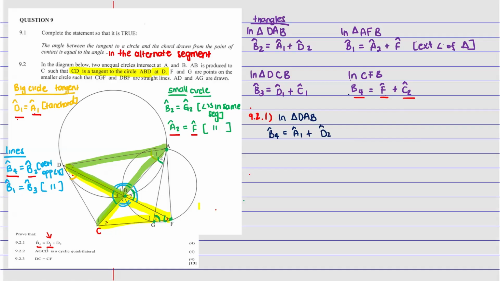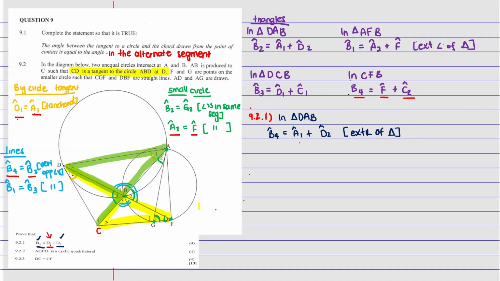And this is great because now we have B4 and we have D2. The only one that we need is D1. Let's write our reason: exterior angle of triangle.